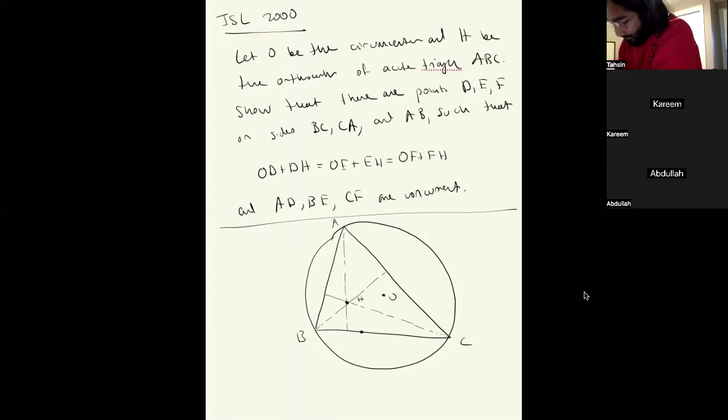Now we want D, E, and F in such a way that each of these sums is the same.